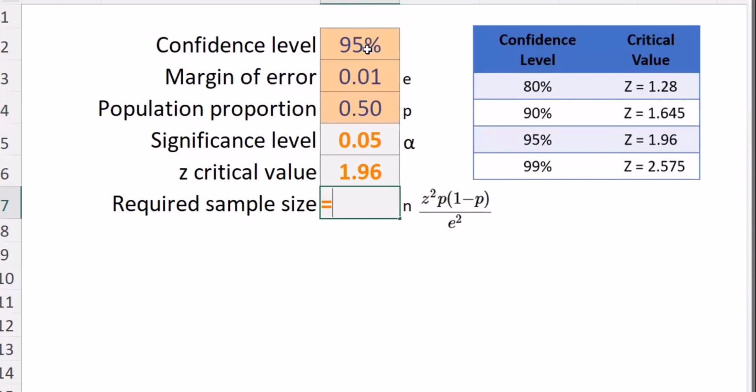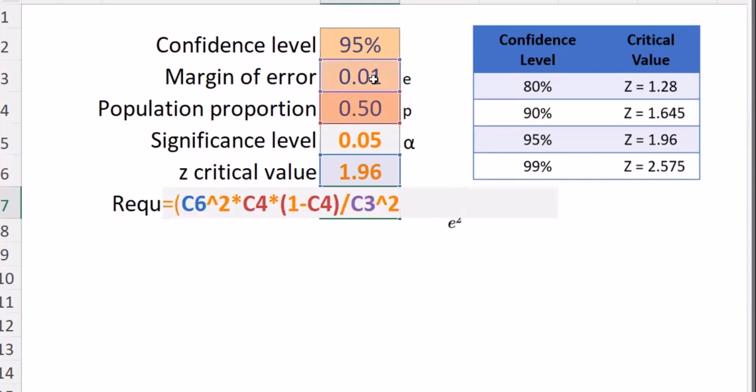So we'll do equals our Z critical value squared times P times 1 minus P divided by our margin of error squared.